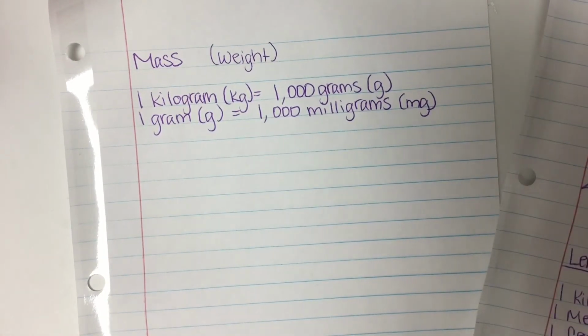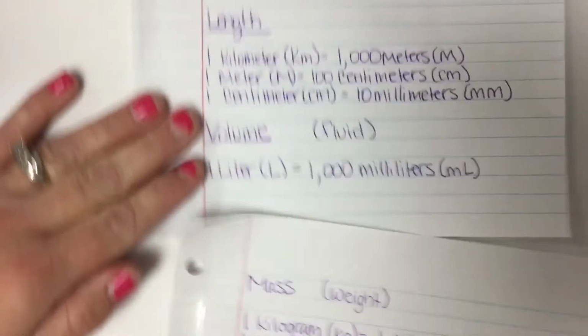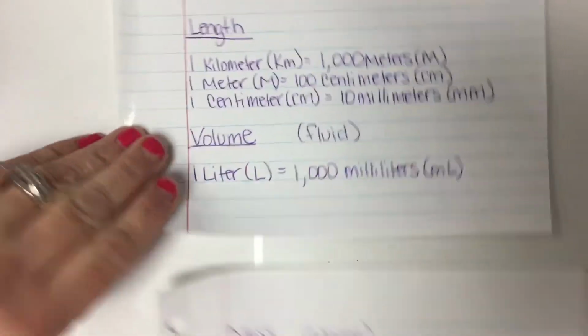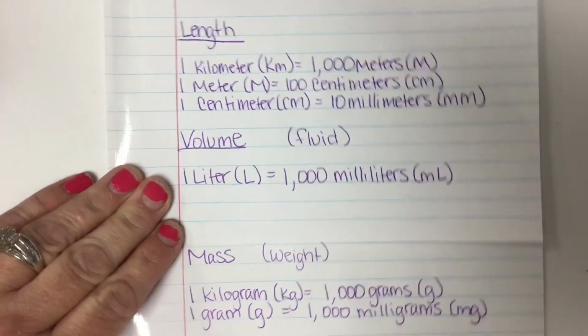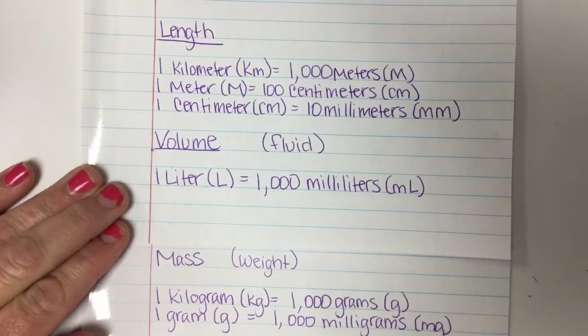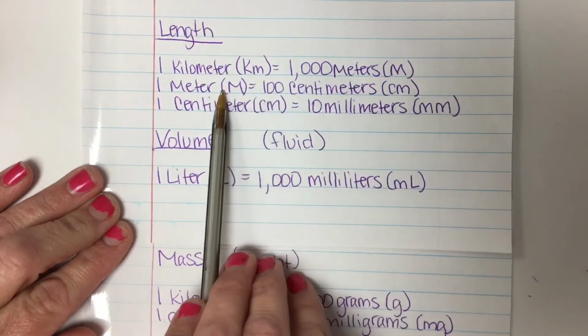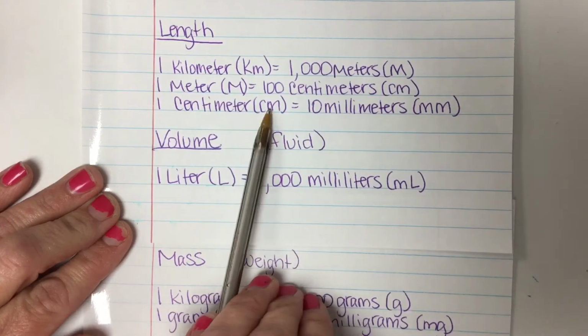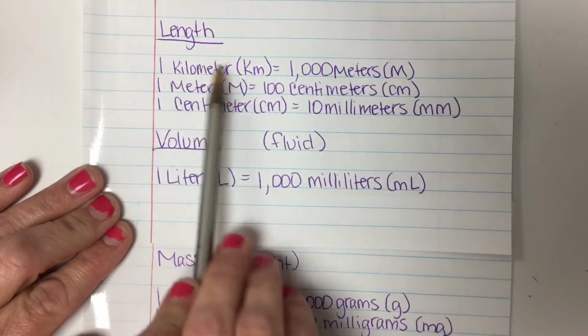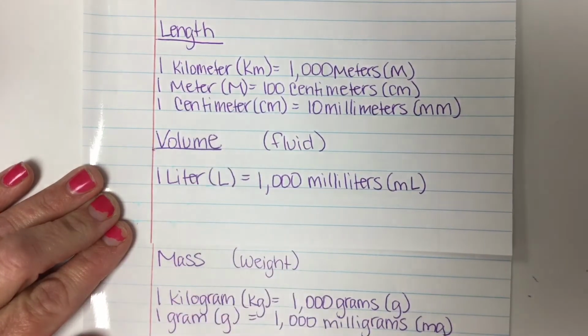Okay, so you need to focus on the abbreviations. So you have kilometer, meter, centimeter, and these are length. Meter is length, okay? So when you think of meters, think of it compared to a yardstick.